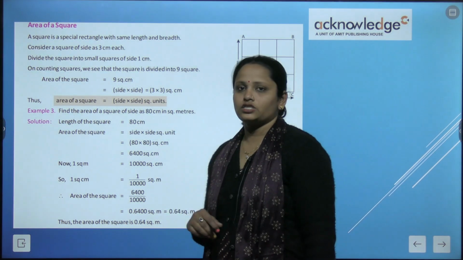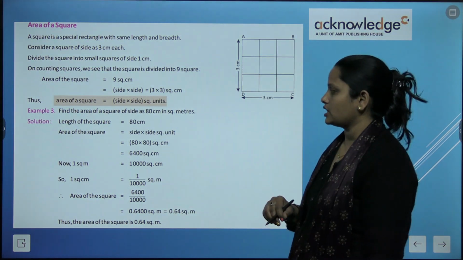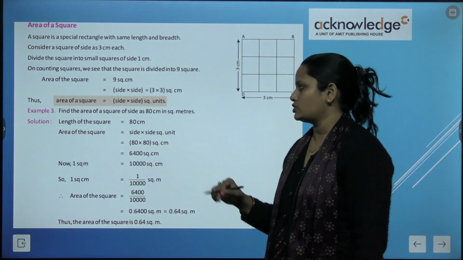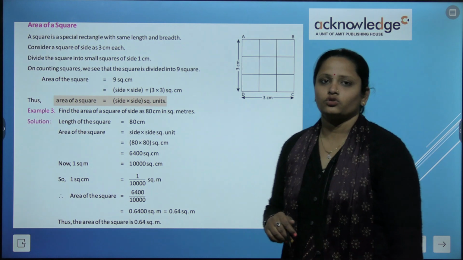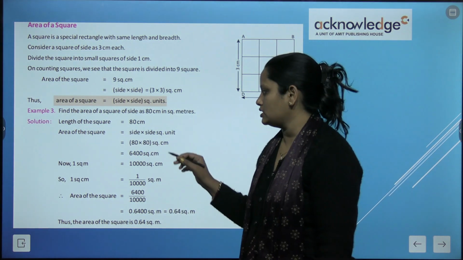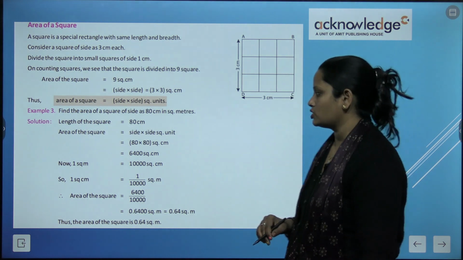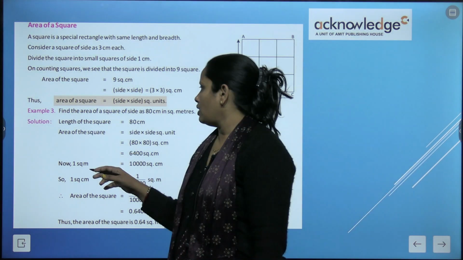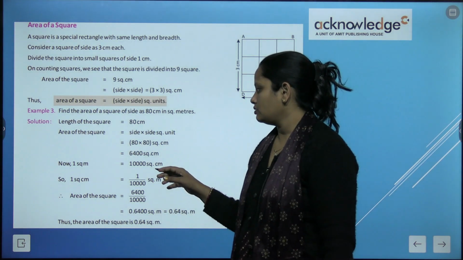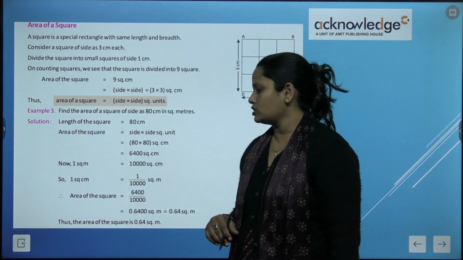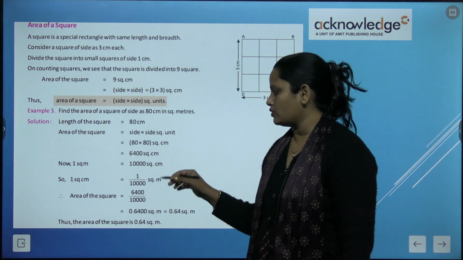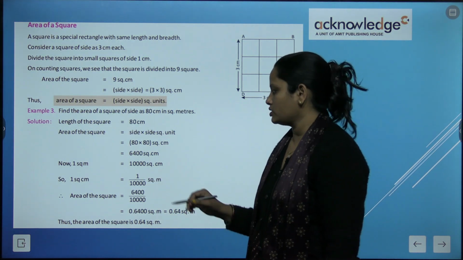Now let's find the area of square which has a side of 80 centimeter. So यहाँ पे length दिया है square का, we have to find the area. So the formula is side multiply side. Now 80 multiply 80 is 6400 square centimeter. Now 1 square centimeter is 1 upon 10,000 square meter.